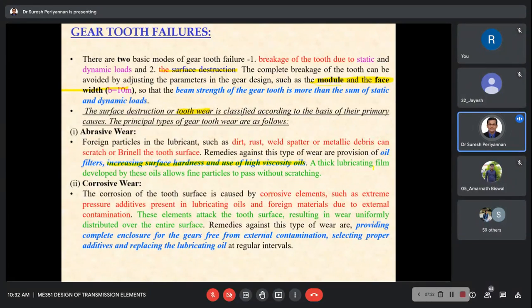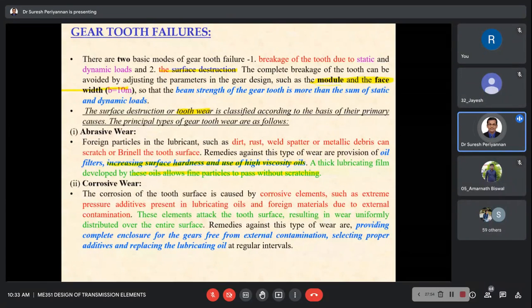They have given some explanation. The thick lubricating film developed by these oils allows the fine particles to pass without scratching. When we are using thick lubricating oil, whenever foreign micro particles enter, with the help of this thick lubricating oil, those foreign particles cannot scratch the surface of the gear tooth.